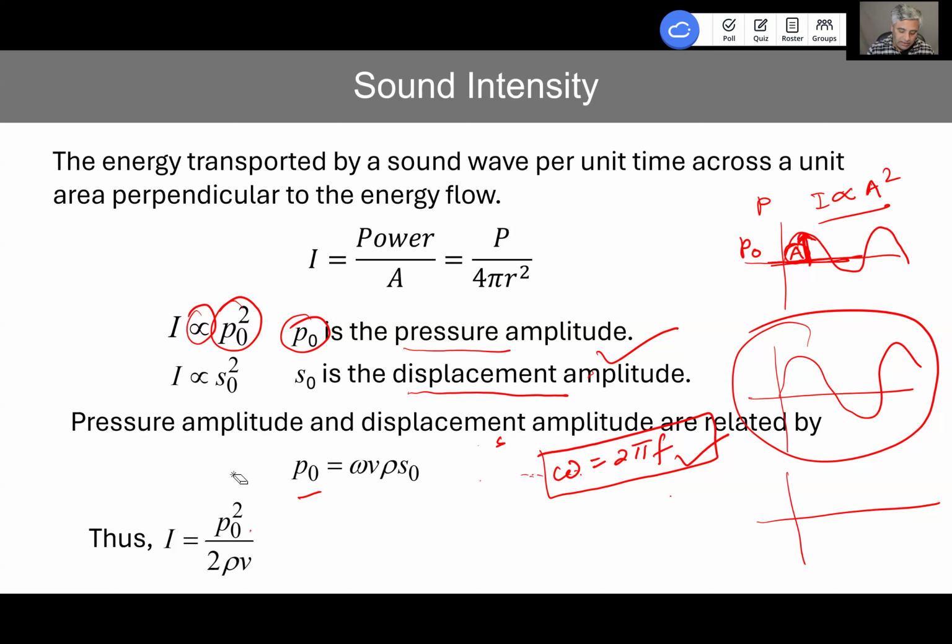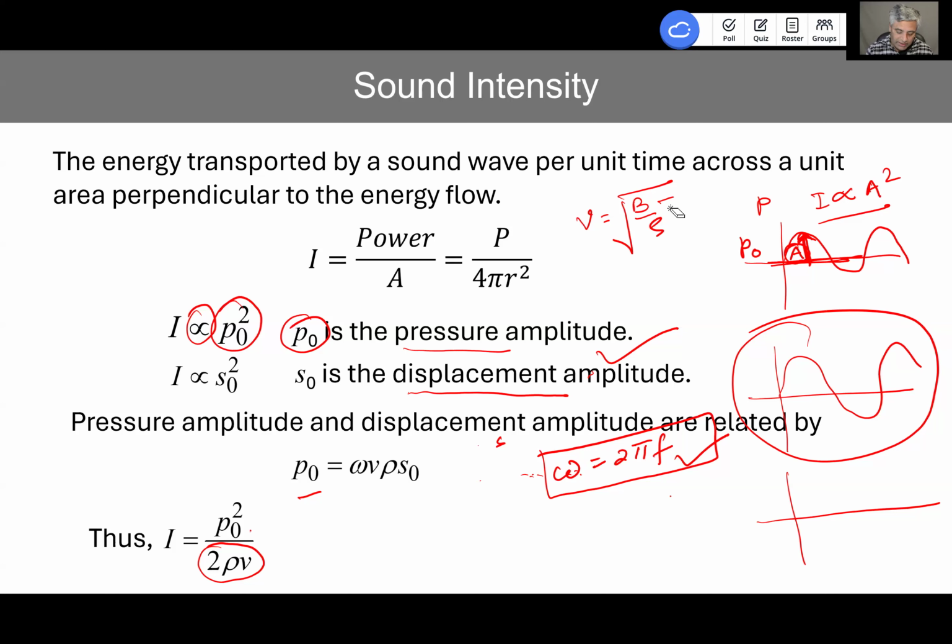So that proportionality constant in this case happens to be 1 over 2 times density times speed. So for a particular density, gas or water, the speed is going to be fixed. As we saw, speed is given by square root of B over density, right? So this is elasticity divided by density.